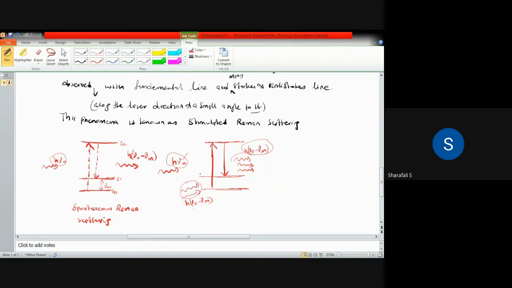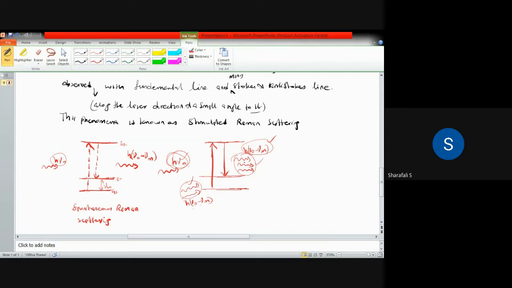So if you have more of these photons with energy h nu 0 minus h nu m present in the process, that will get amplified, or gain. The total number of photons with this energy will increase, and this particular beam will become very high intensity, and that itself will produce the scattering.